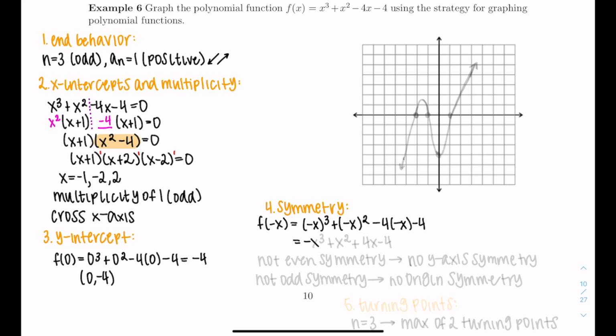This gives me negative x cubed plus x squared plus 4x minus 4. Now, was this the original equation? Definitely not, because we had positive x cubed and this just gave me negative x cubed. So this is not even symmetry. Which means there's no y-axis symmetry.